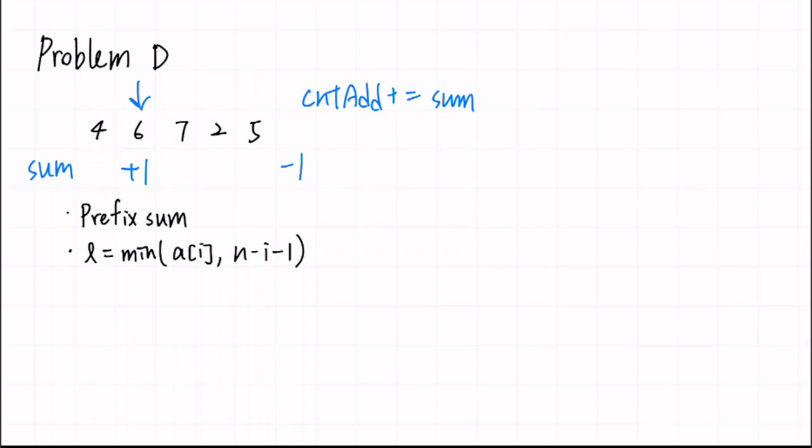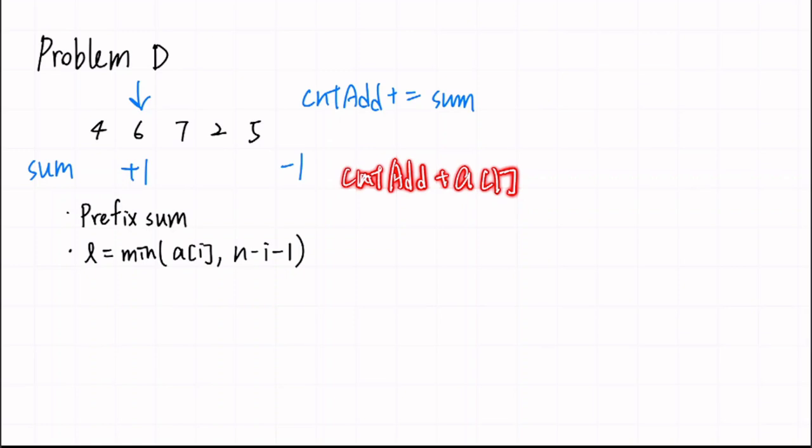And if we have count add, then we can now get the current number of stones for the second alien. So the current number of stones for the second alien is just the value of count add plus 1 for the second alien.